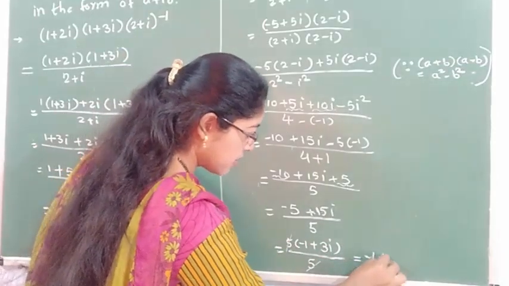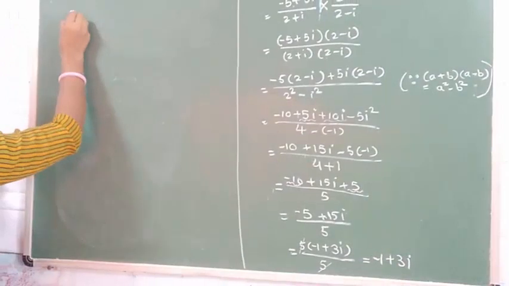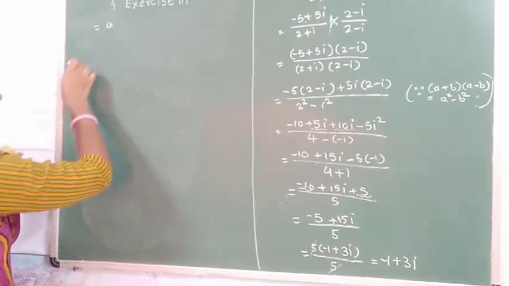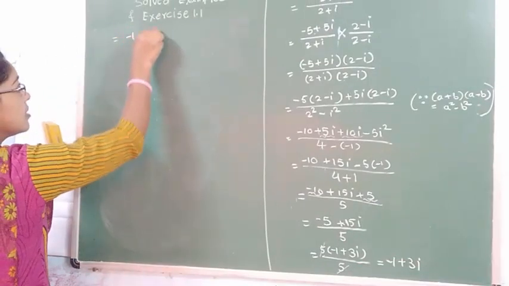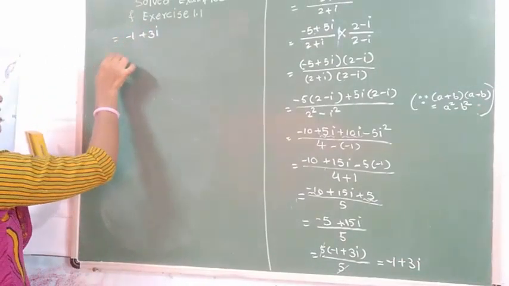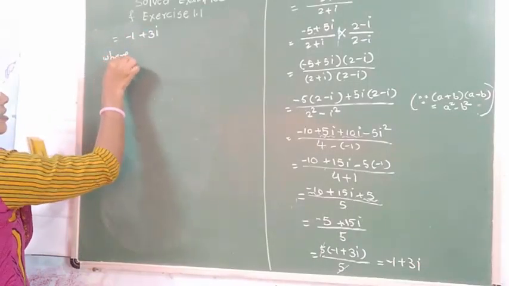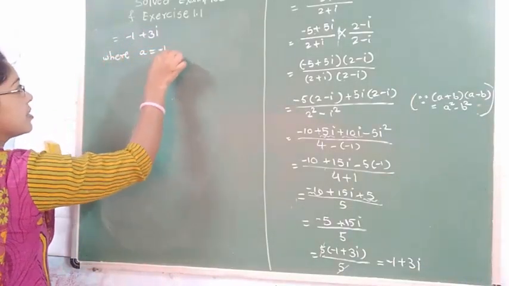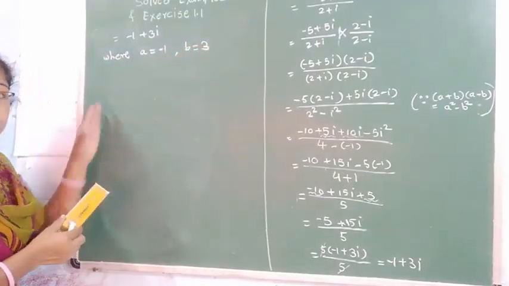Minus 1 plus 3i. So this is of the form a plus ib, where a is equal to minus 1 and b is equal to 3. Okay, understood?